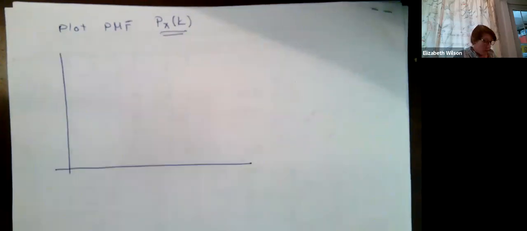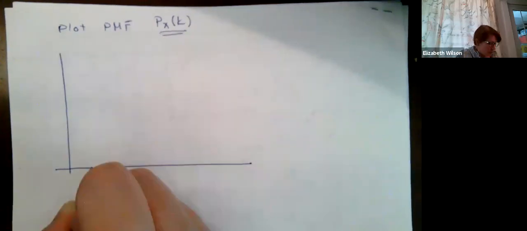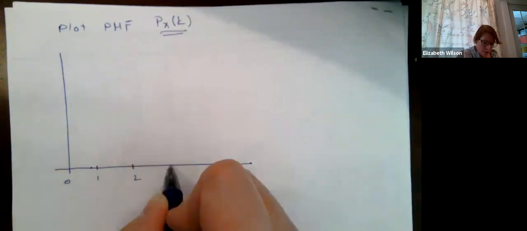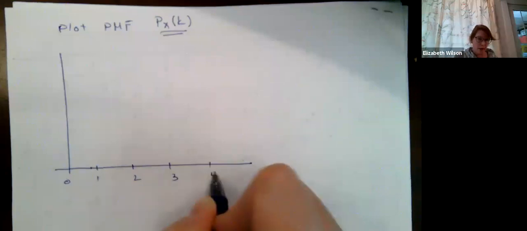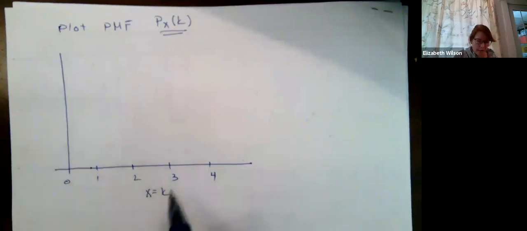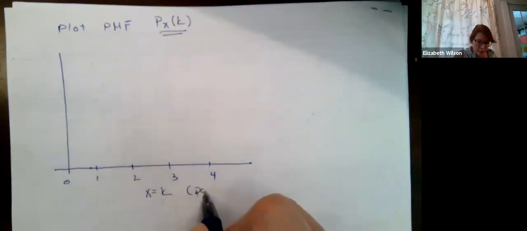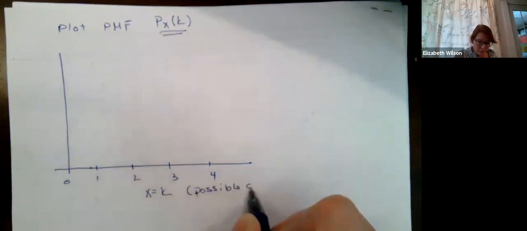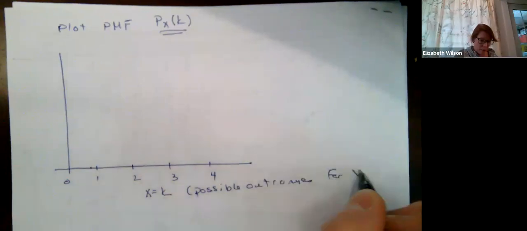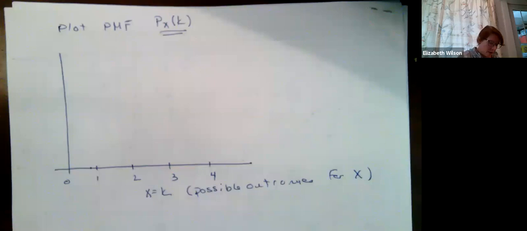So I've got a 0, 1, 2, 3, 4 as possibilities. These are x equal to k, my k values, our possible outcomes for our random variable x.